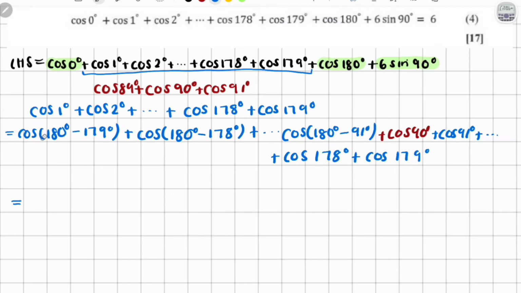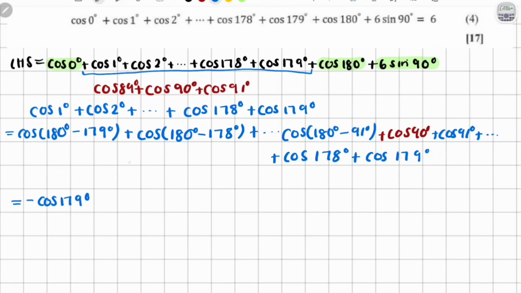If you simplify here, you see that this is cos 180 minus 179. On the cos diagram, 180 minus theta is in sine's quadrant. So it means cos is negative in this quadrant. So this would simplify to negative cos of 179 degrees, which is perfect. It will cancel with that positive cos of 179 degrees.